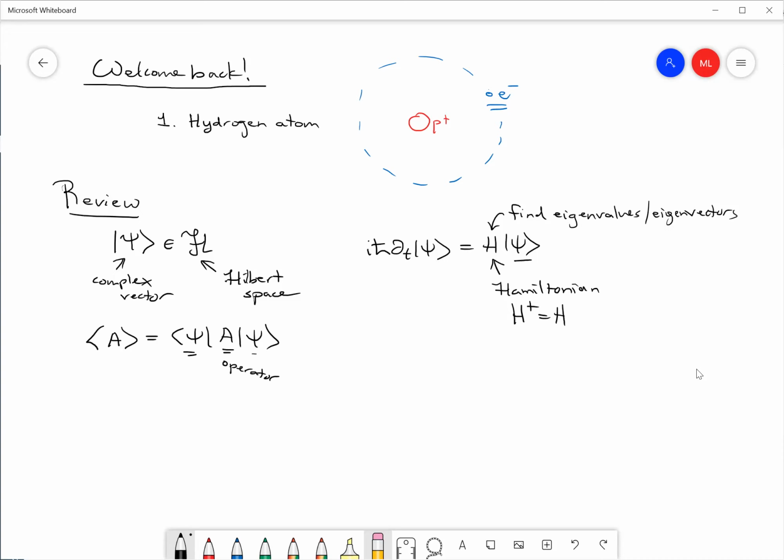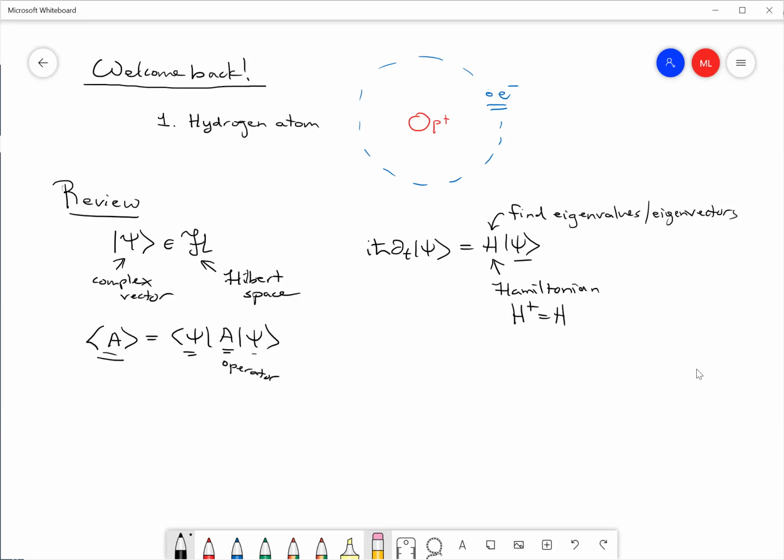This would be the expectation value of observing A, given that the system is in state psi, which is what you would get if you measure A over and over again. This would be the average value.